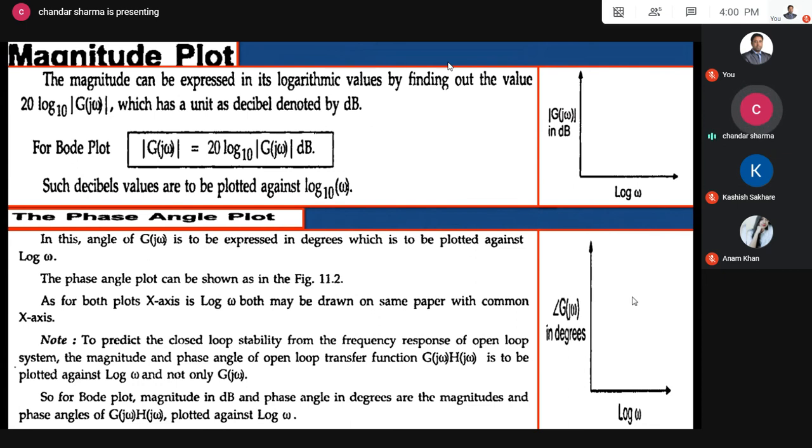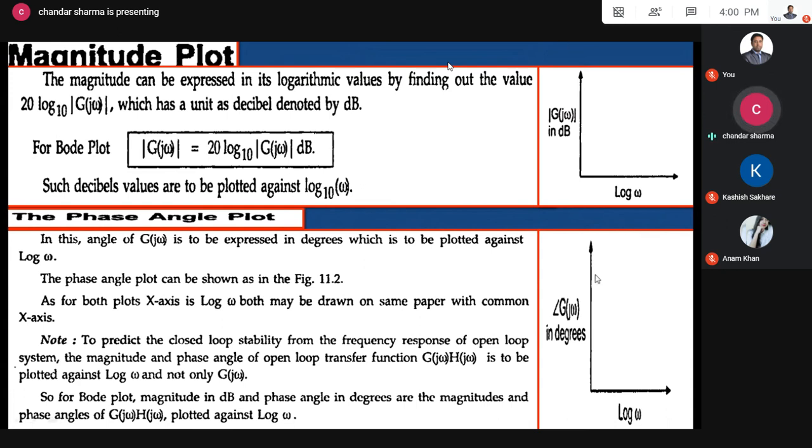So we can find the magnitude plot. The magnitude can be expressed in its logarithmic value by finding 20 log 10 of magnitude of G j omega, which has a unit of decibel. Okay, we have to put decibel dB.